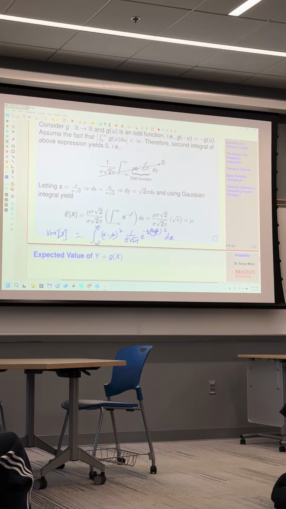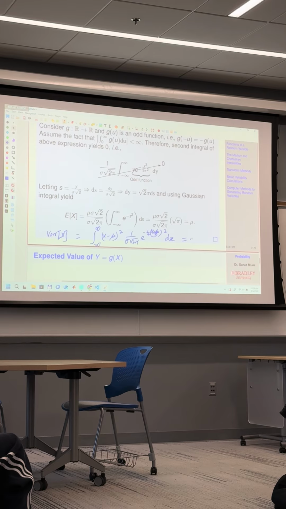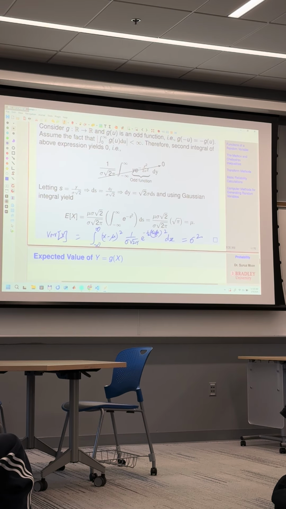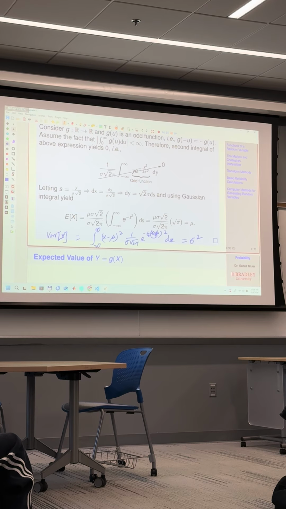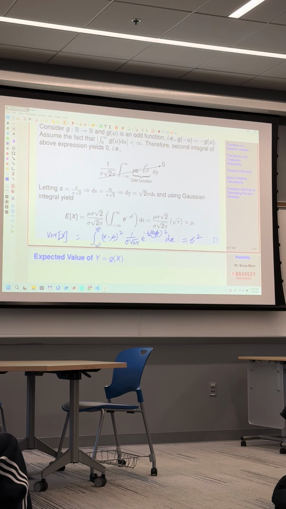If you do this integration, you will end up with sigma squared. It's guaranteed. I skipped all those proofs, but in the exam, guys, I will not be asking you to write the proofs. Mainly numerical problems.